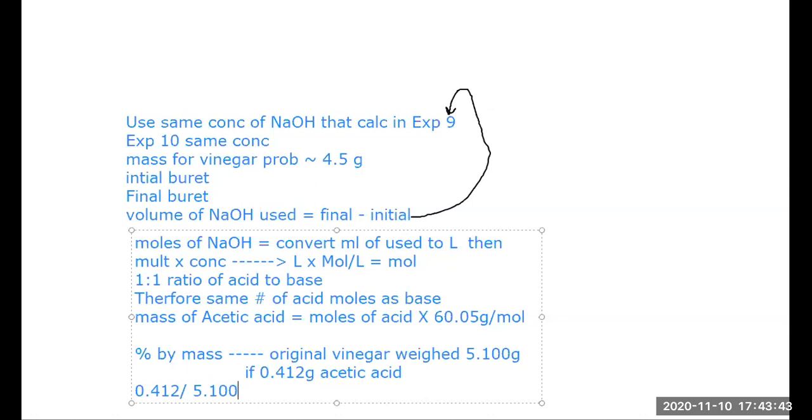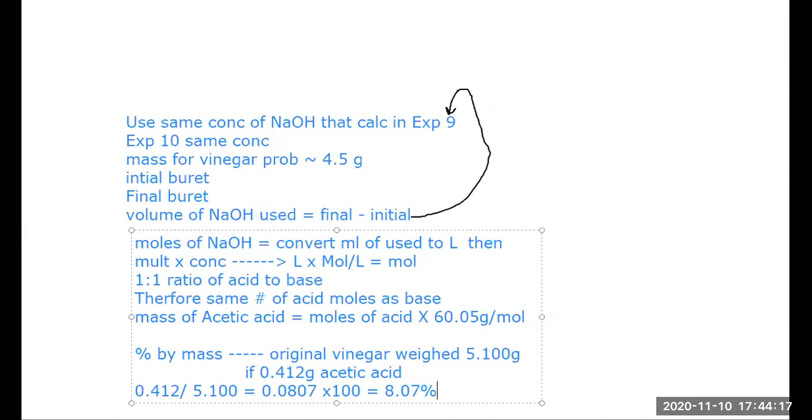And that will give me 0.0807, and then I want a percentage, so times 100, and that would give me 8.07%.